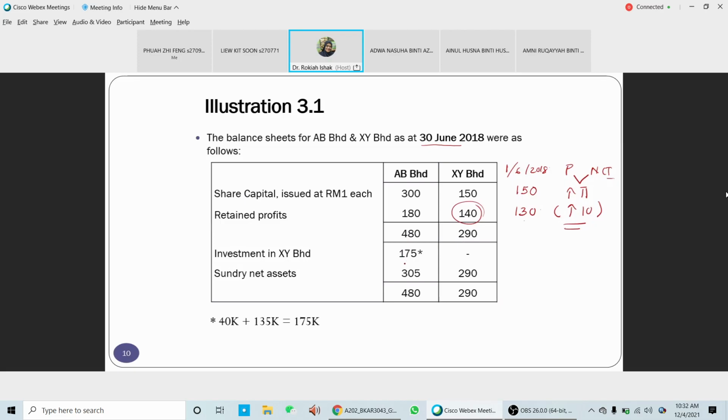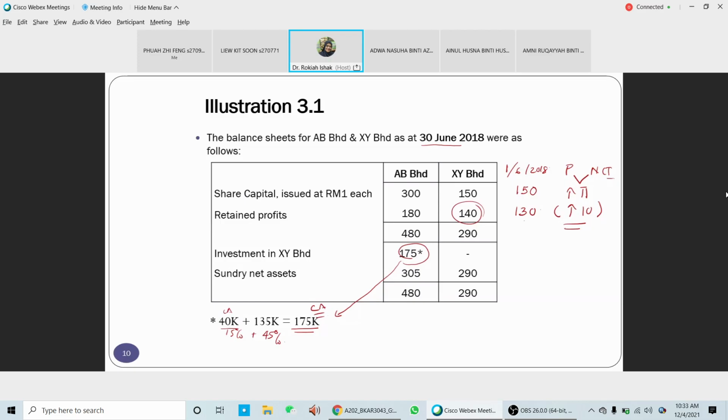Investment in XY: the previous 15% is at 40,000 carrying amount, and then you add another 135 for the 45%. So now the total investment that you have here is 175, at carrying amount. So that is the information that we have here.